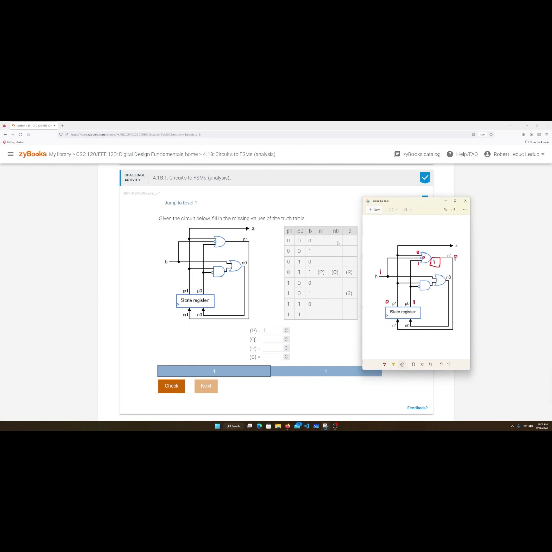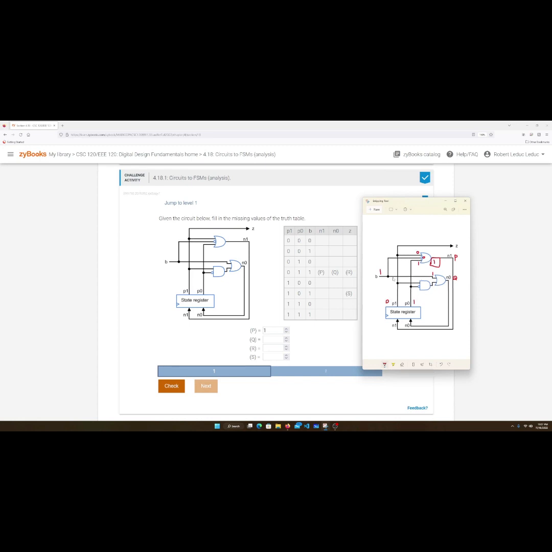N0, which is this Q value that we're trying to find, corresponds to these two logic gates, this OR and this AND, with a single invert on one of the inputs. This one is kind of straightforward because we can see immediately that input B is going to be 1 at this AND gate.